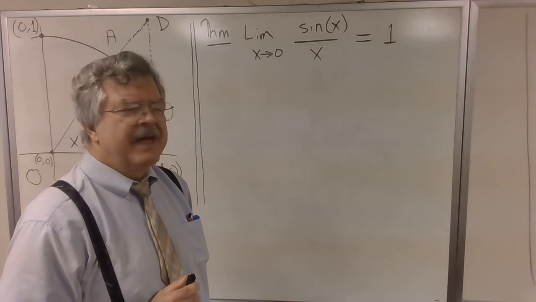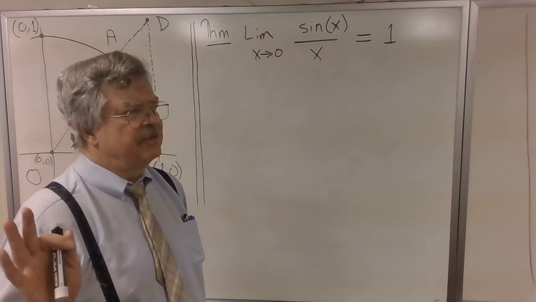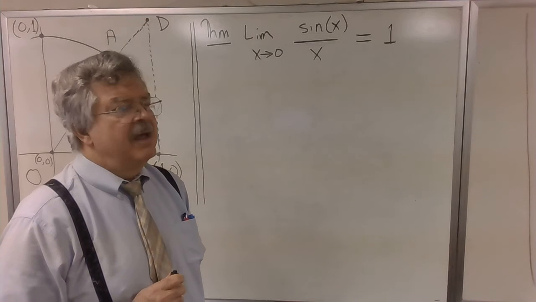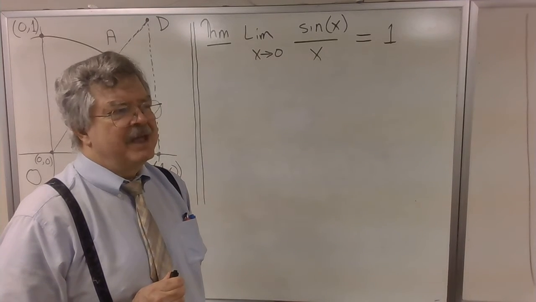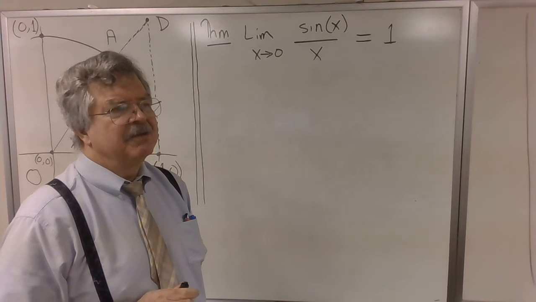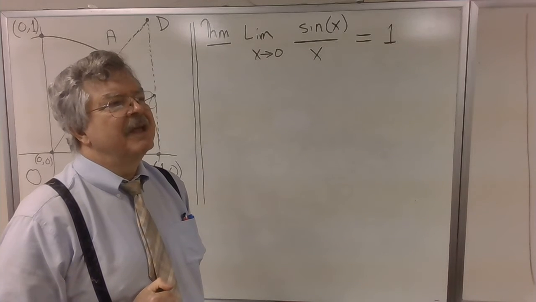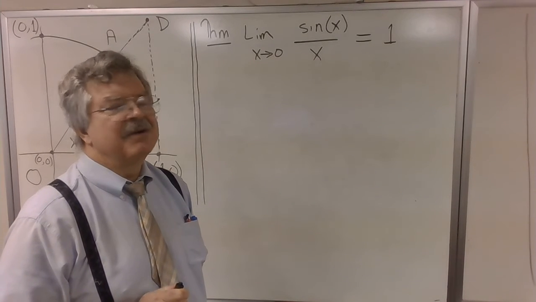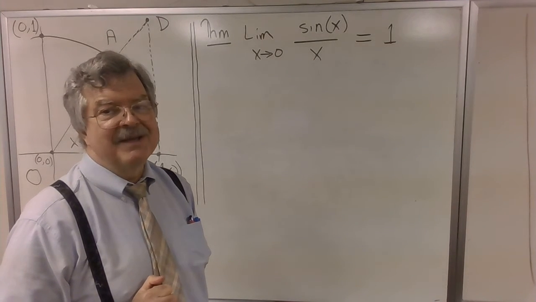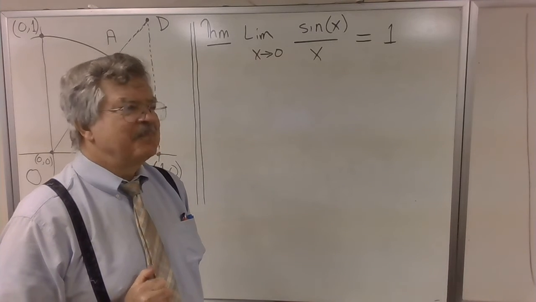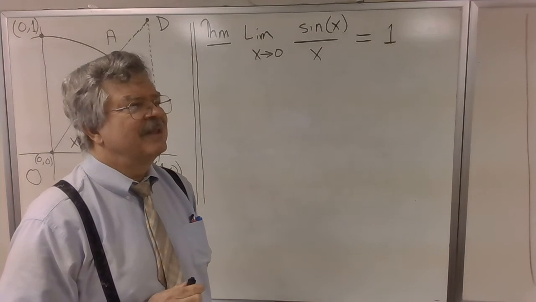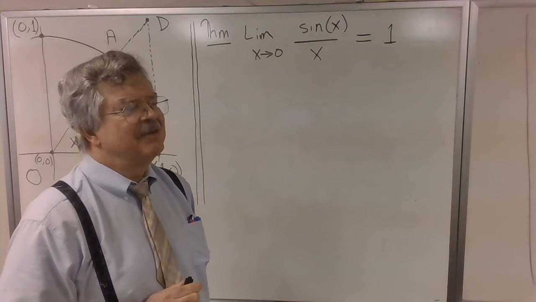But that was their motivation for choosing 360. And before they became really good geometers and learned that the length of a year was actually 365 and a quarter days, they thought the length of a year was 360 days.